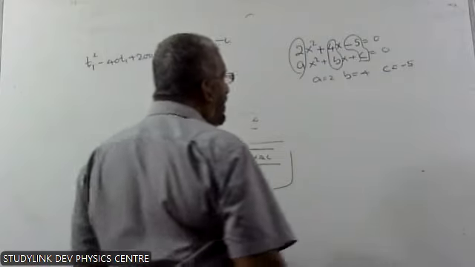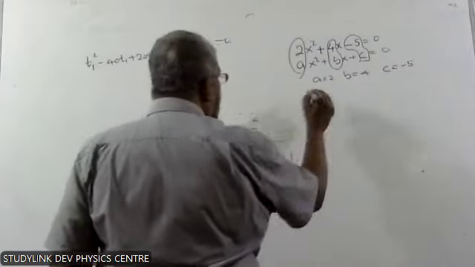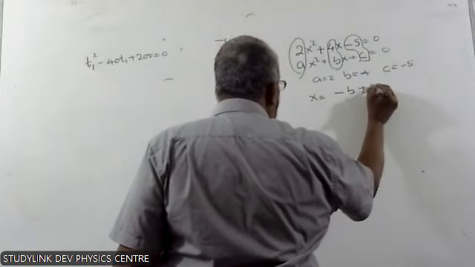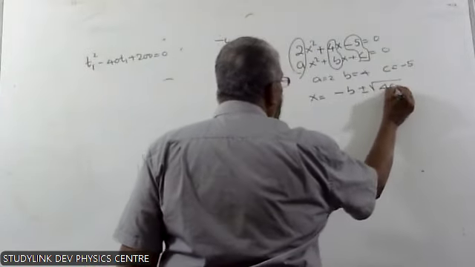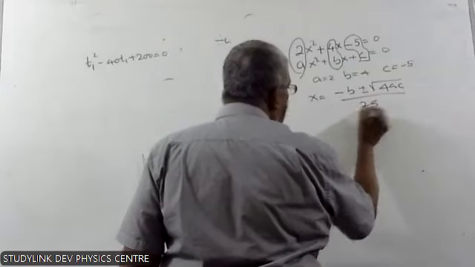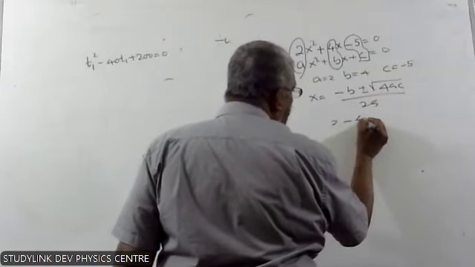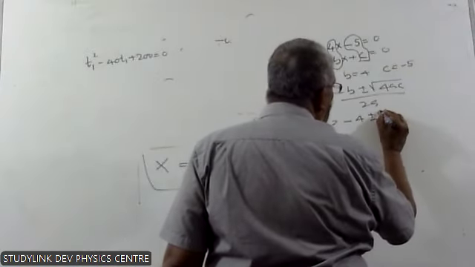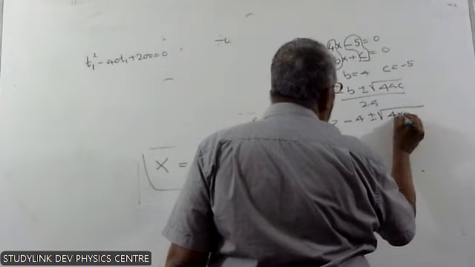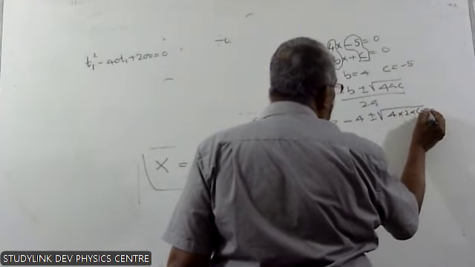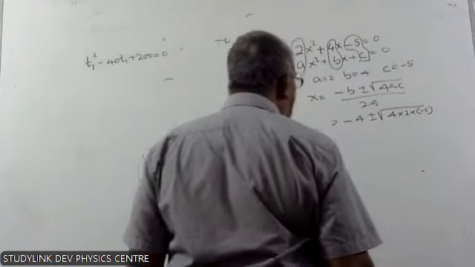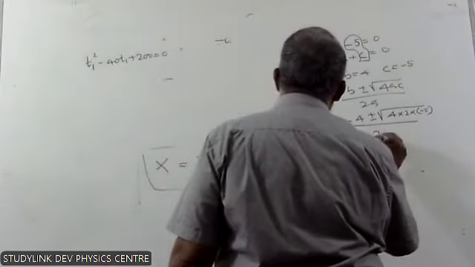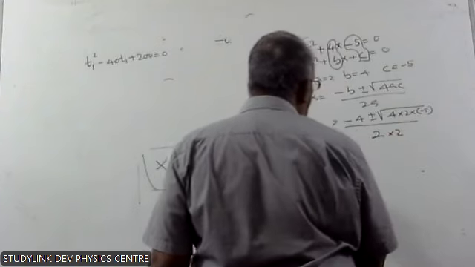Then the equation: x is equal to minus b plus or minus the square root of b squared minus 4ac divided by 2a. Minus 4, b is 4, plus or minus the square root of 4 squared minus 4 into 2 into minus 5, then divided by 2 into 2, which is 2.